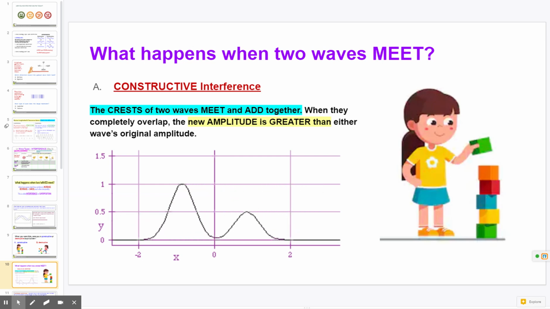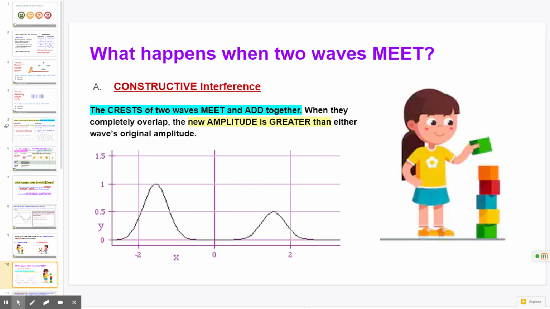So if you have two crests, two hills, they combine and add together and make a bigger mountain. Two crests adding together, when they combine and overlap, produce a new wave, and that resultant wave is going to have an amplitude that's greater than either of the starting waves.